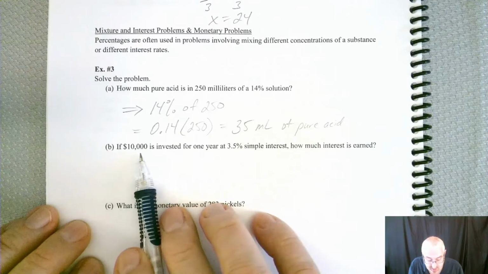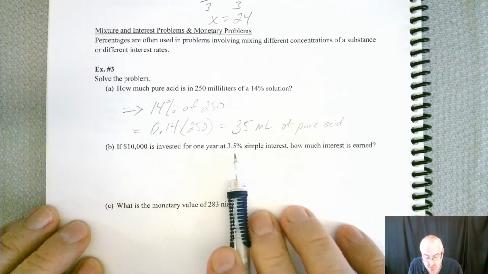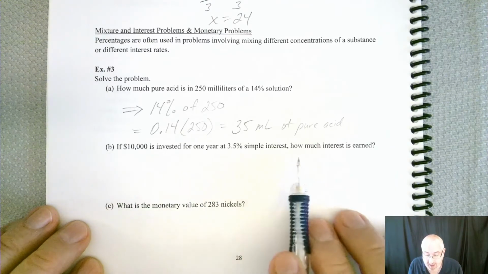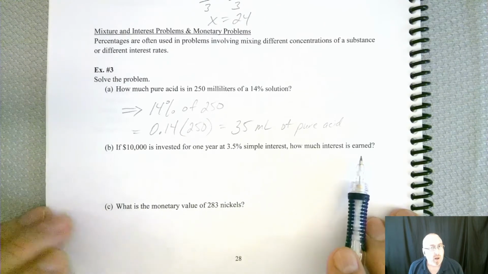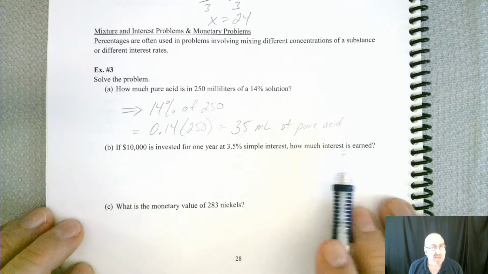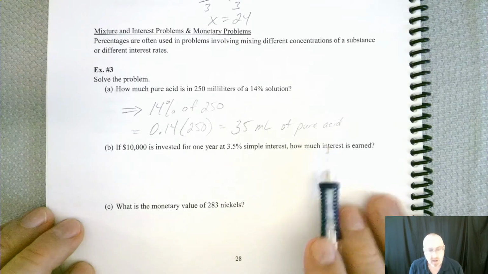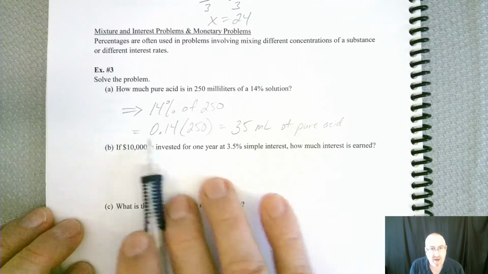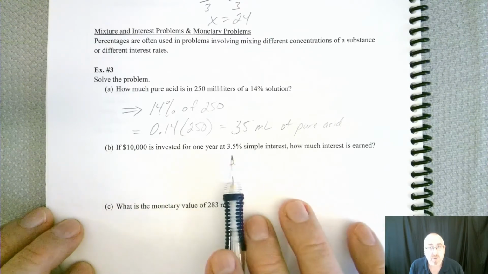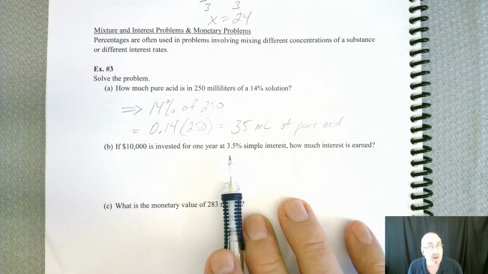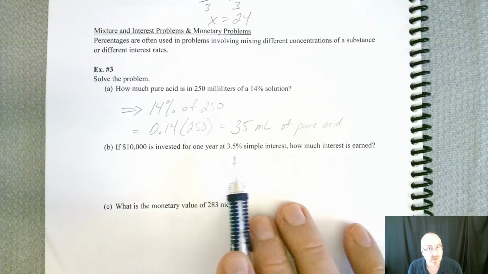If $10,000 is invested for 1 year at 3.5% simple interest, how much interest is earned? Well, it's kind of similar to the previous one. Our total is $10,000. After 1 year, 3.5% of that amount will be interest.